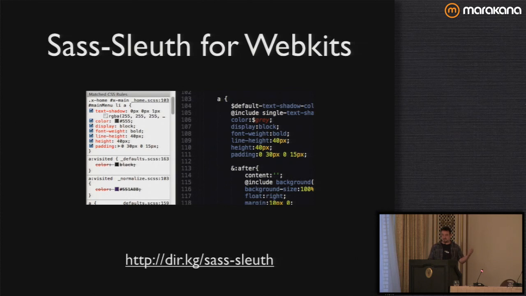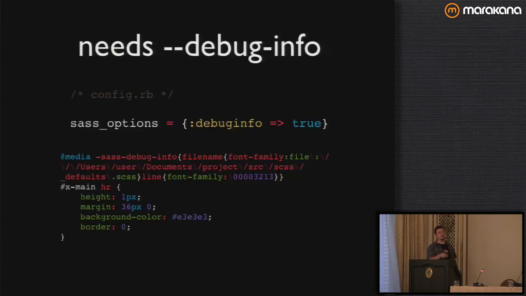The only thing that this needs is debug info. So what you need to do is give this little piece of information here in your Ruby config that we saw earlier in your Compass project. And what it will then do is make a massive mess. So what it adds is this extra code here that tells the extensions where to find that information.